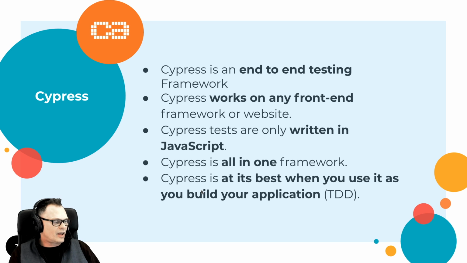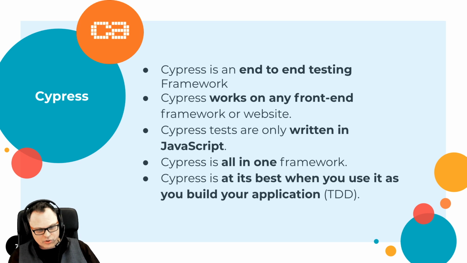And we call it an all-in-one framework. Again, to you people that might not mean anything, but back in the days before Cypress, you were testing using a tool, let's say Mocha, but then your assertions came from another framework called Chai, and then if you wanted to work with fake objects and stubs and so on, you had to pull in yet another tool called Sinon in this case.